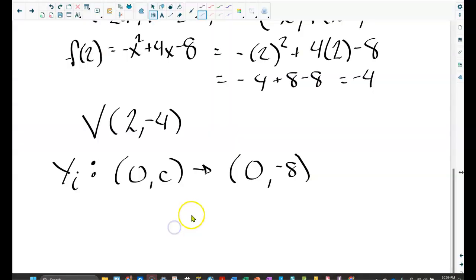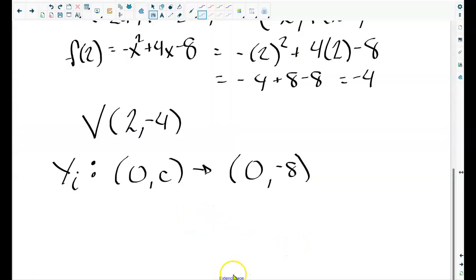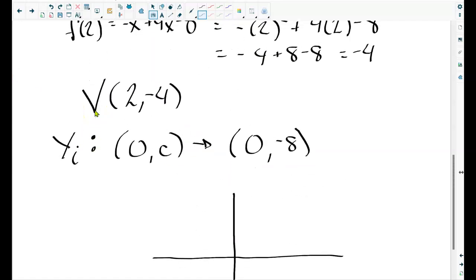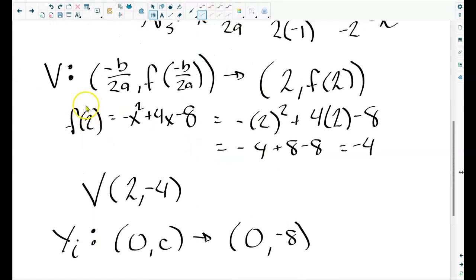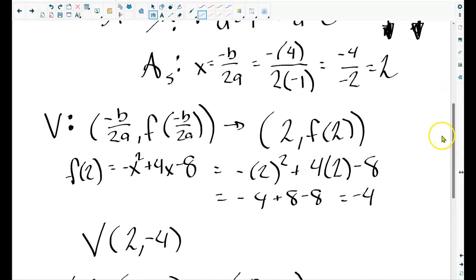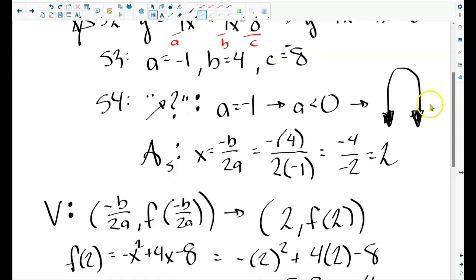In terms of gathering critical information, now what we're going to go ahead and do is graph this without the calculator. Okay. So let's go ahead and set this bad boy up. Okay. We've got the y-intercept 0, -8. Maybe we should go in order. Maybe not. We'll see. Okay. What do we have? Direction, x.